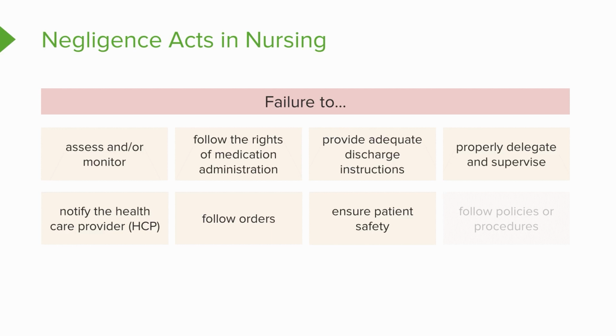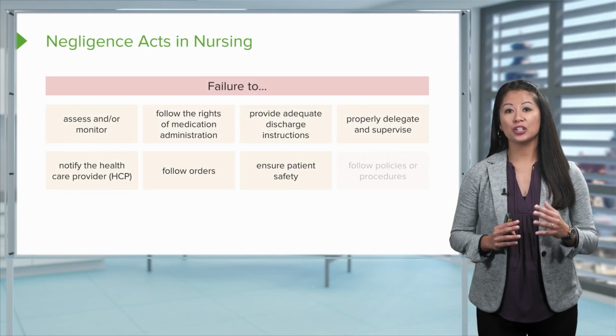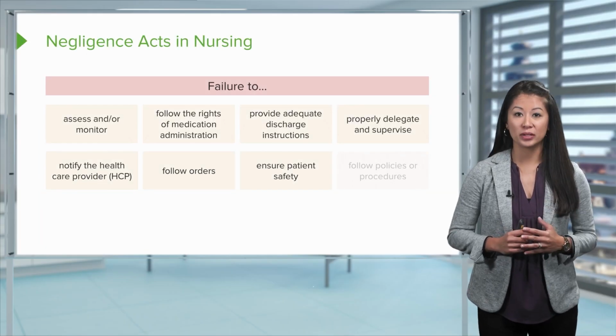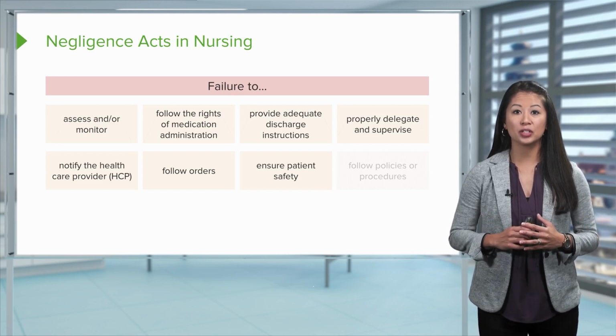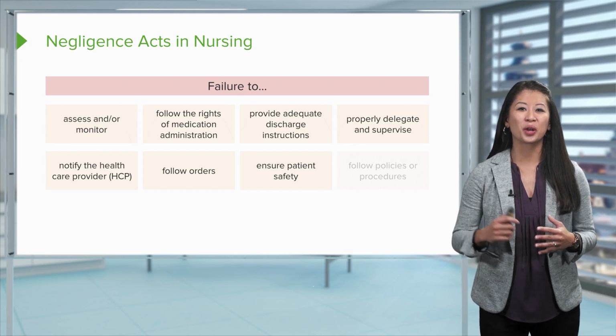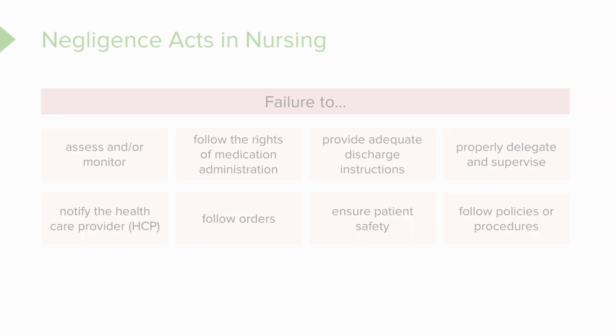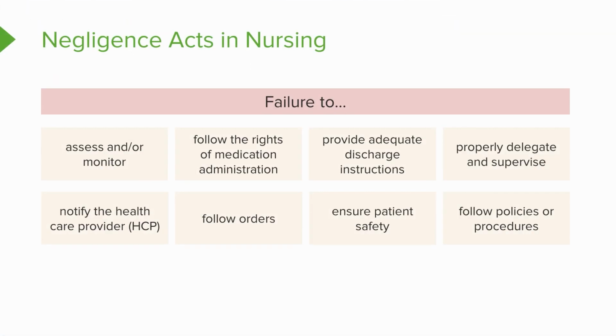And ensuring patient safety has so many facets and so many different pieces. Medication administration is a really common one we talked about earlier. So we need to do all we can to keep that patient safe so they get to discharge and go home to their families. And lastly, your policies and procedures of your healthcare agency.